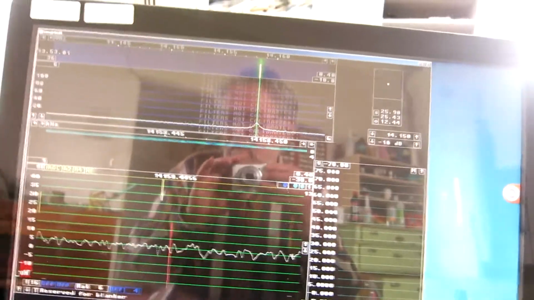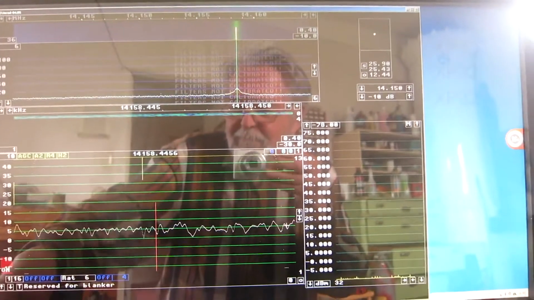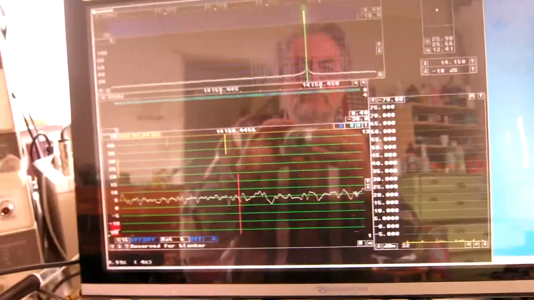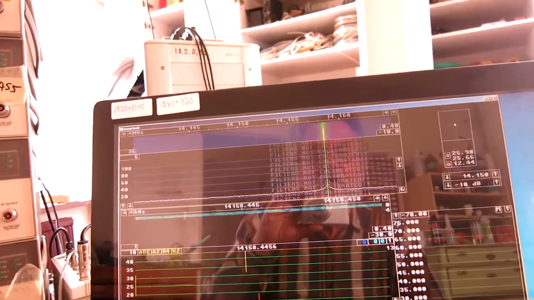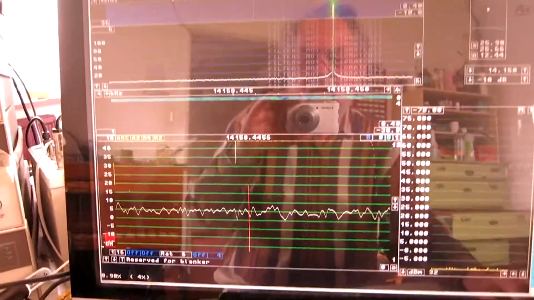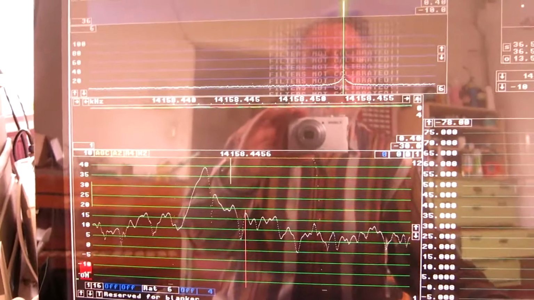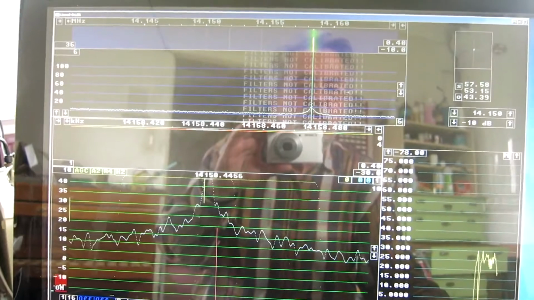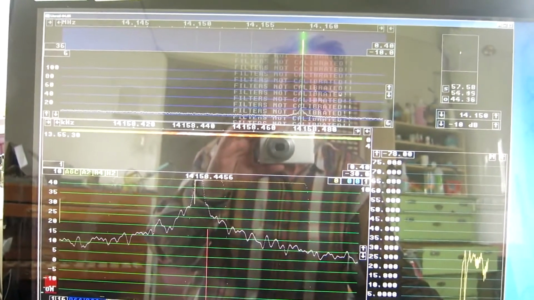And I put feedback back like this and change the resolution to run things faster. Like this. And I run the S meter faster.